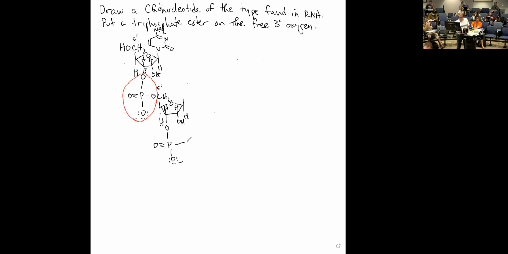And again, I'm only putting lone pairs in the oxygens that don't have a zero formal charge. There we go. And now I just need to put in the guanine. Where's my guanine? Whoops, not H, nitrogen.